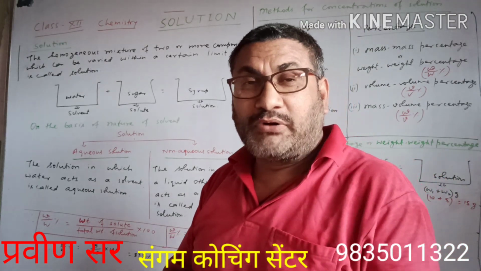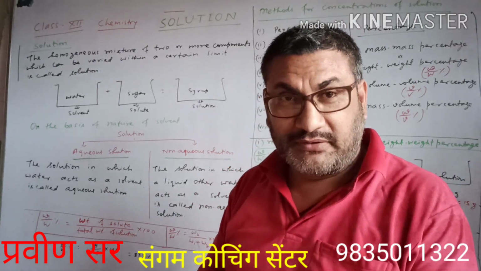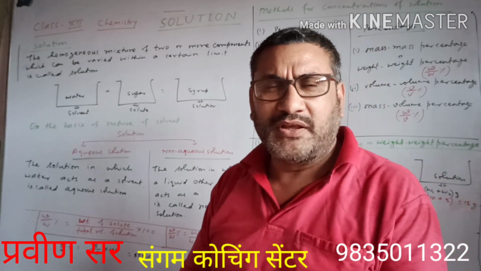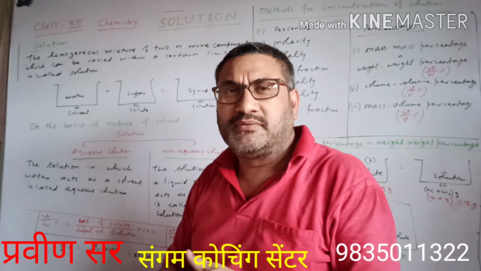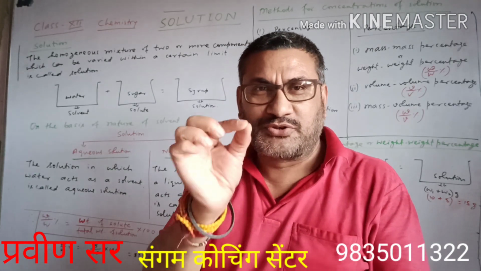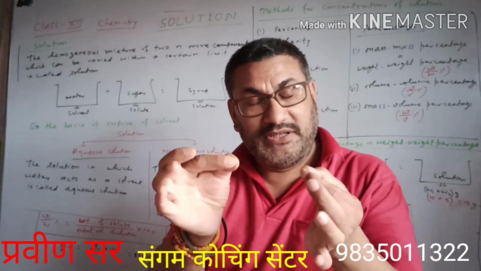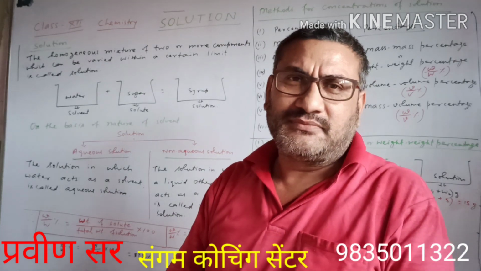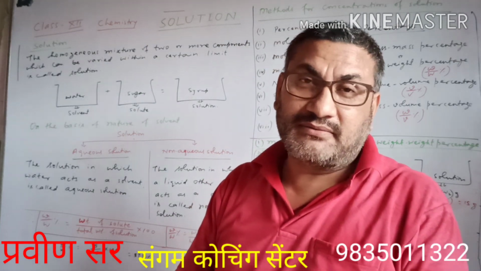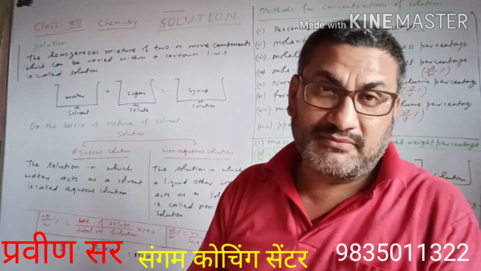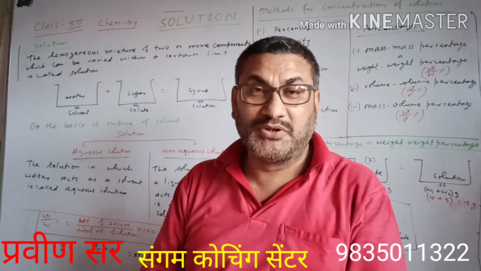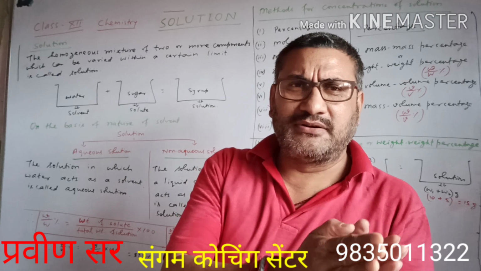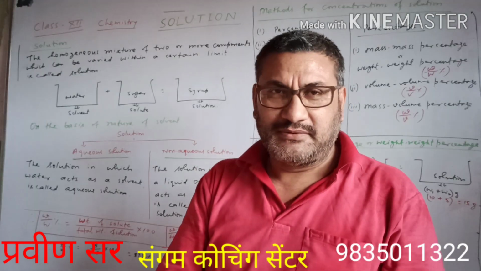Then, how can you define it? A solution is a homogeneous mixture. What is the meaning, sir? Homogeneous mixture. Mixture is of two types: one is called homogeneous and another is called heterogeneous.